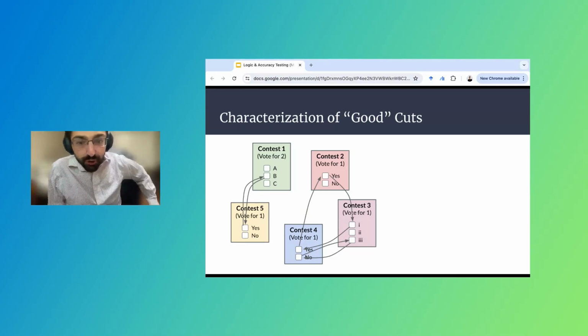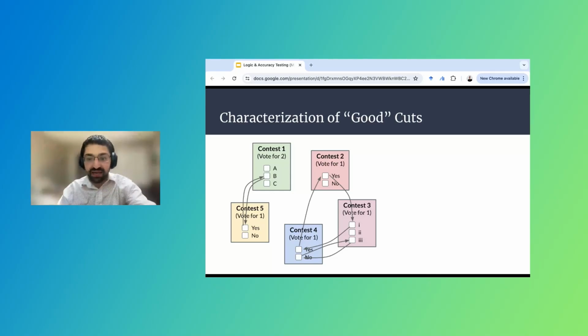In other words, suppose the test deck would not have detected this incorrect bijection, namely one that swapped this yes in contest 5 with B in contest 1, did this sort of cycle of 3 different swaps here, and so on.